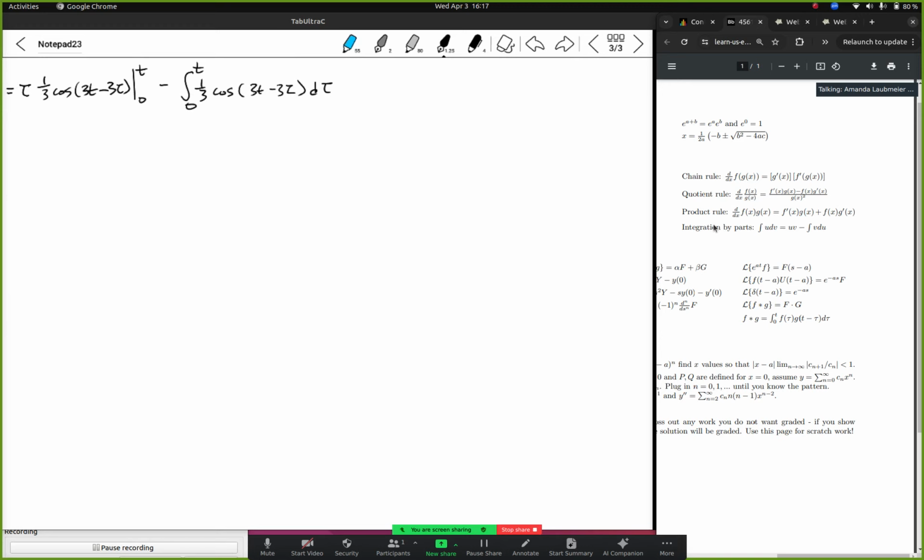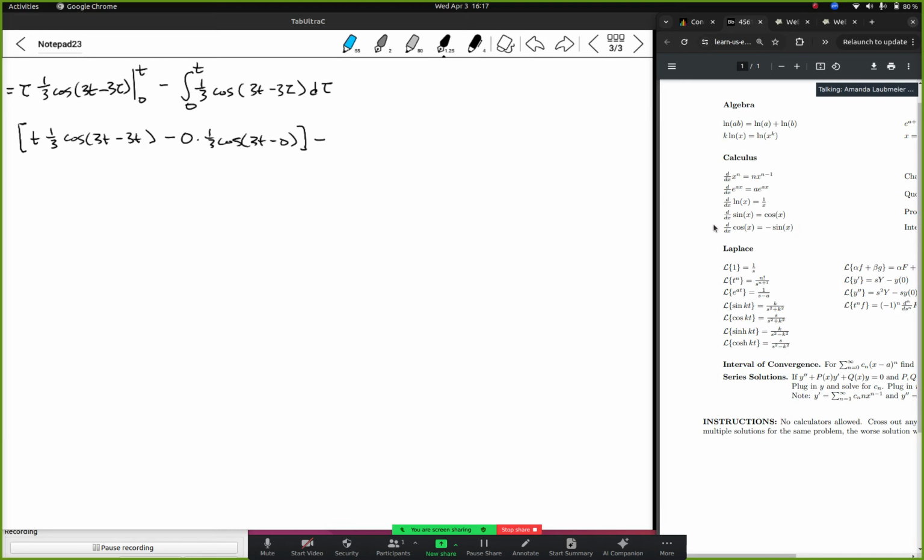So for this first part here, when I plug in my upper bound t, I get t times 1/3 cosine of 3t minus 3t, and then minus, when I plug in 0, 0 times 1/3 cosine of 3t minus 0. And then I need to integrate 1/3 cosine of 3t minus 3 tau again.